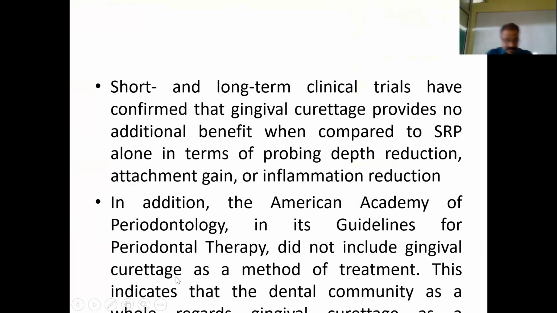Now, this is a procedure which was followed quite some time back, but short-term and long-term clinical trials have confirmed that gingival curettage as such does not provide any additional benefit when compared to subgingival professional mechanical plaque removal.